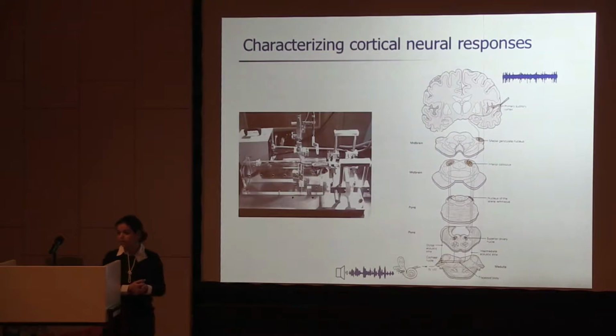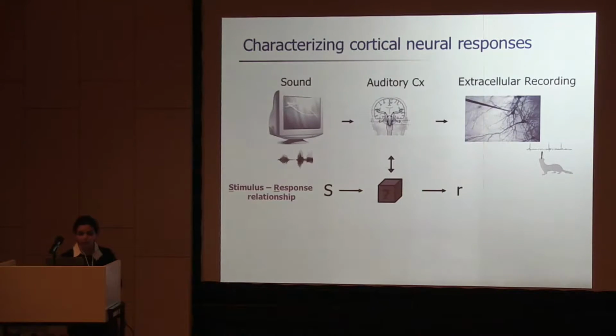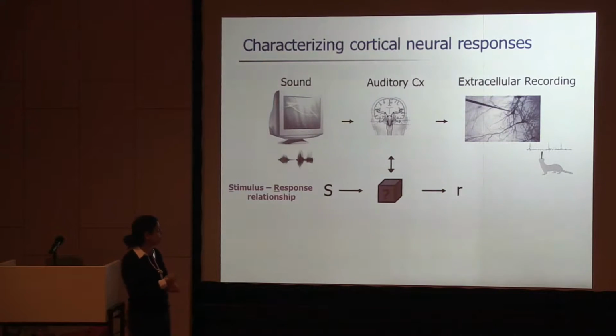Most of the results I'm going to be showing you today were recorded in ferrets. This is a picture of the setup. But similar results were obtained in other mammalian systems, the cat, rats, and monkeys. So, as I said, the idea is this black box approach. You play a sound, you record a response, and you try to guess what happened in between.